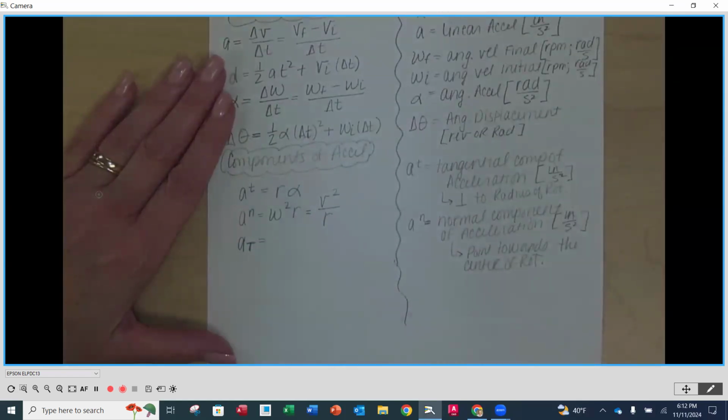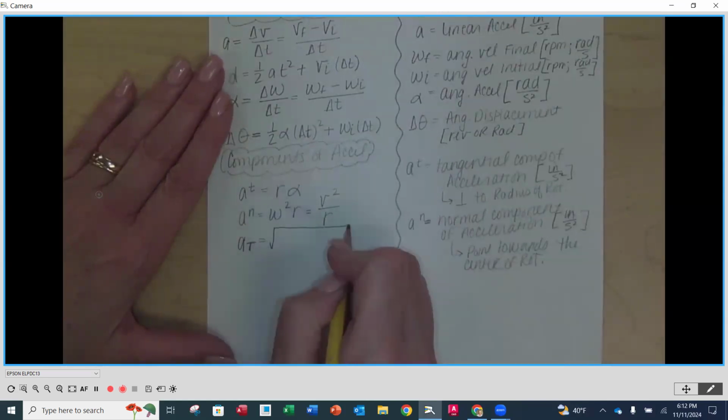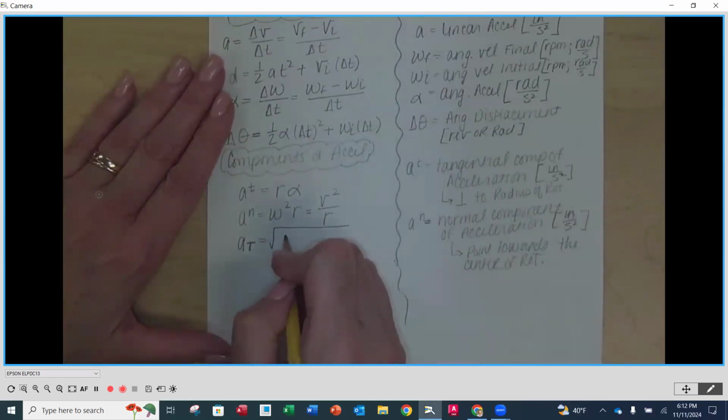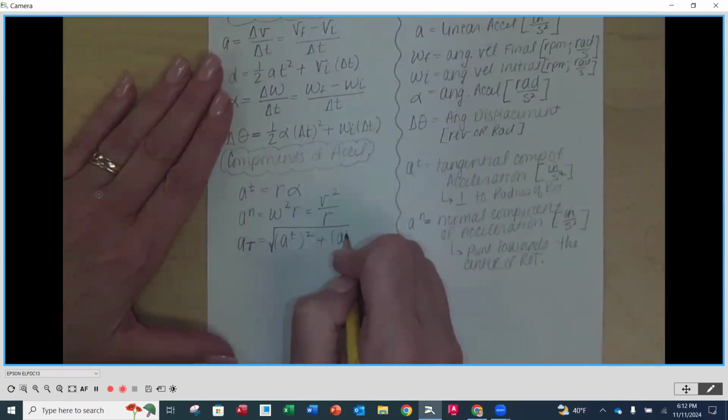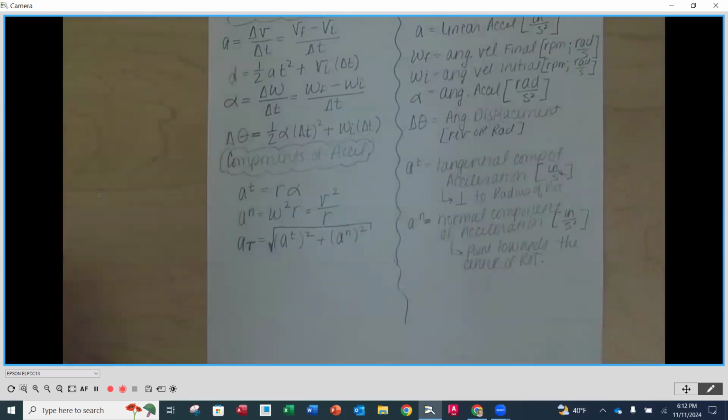So it's the total acceleration. And I'm going to write this out here and see if it makes sense to you guys. We're going to take the tangential component and square it. We're going to add the normal component and square that. And we're going to then take the square root. Does that sound familiar? Does it look familiar? It's Pythagorean's theorem, right?